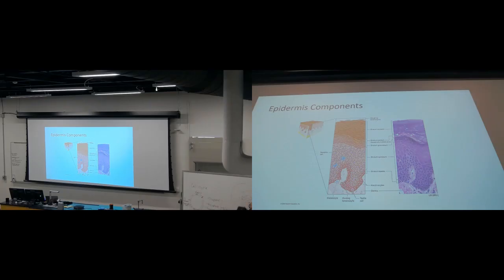all spread out like this. So in prophase, you condense your chromosomes and the nuclear membrane starts disappearing.